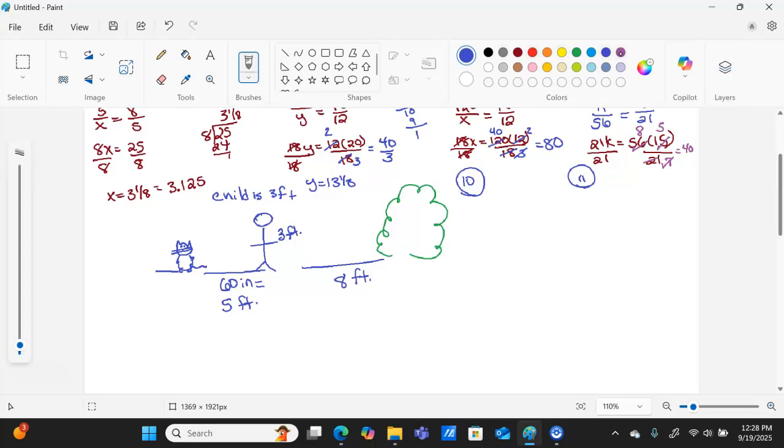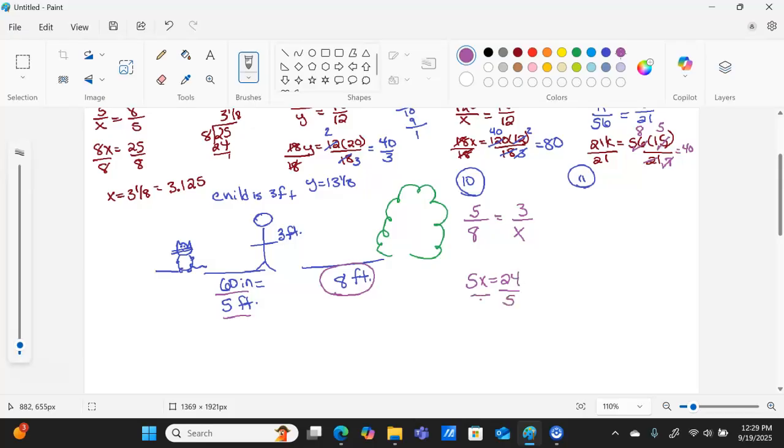So the thing on number 10 is that in the picture they give you this shadow in feet and this one in inches. So I rewrote it as 5 feet. So the 5-foot shadow compared to the 8-foot shadow, the 3-foot kid compared to the unknown tree. So 5x equals 24.